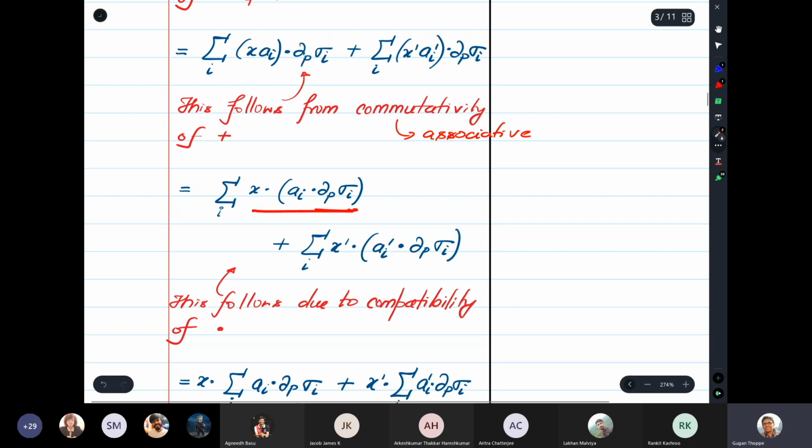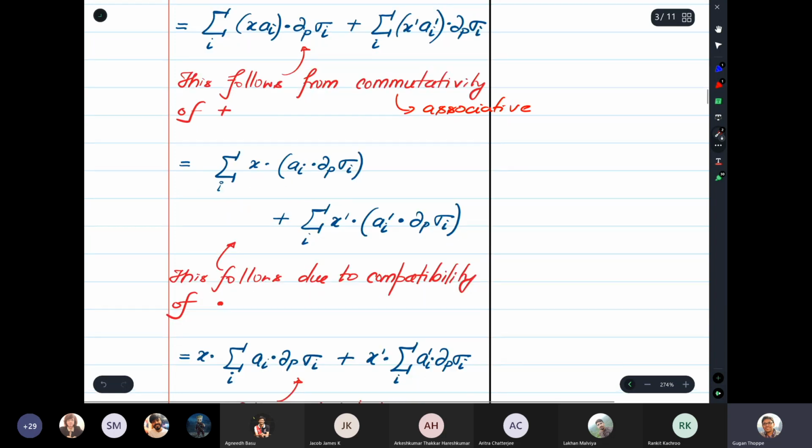Whereas on the other hand, over here you first take a_i, do the dot product with delta p of sigma i. This will be a p minus 1 chain. Whatever is the output, you take that and perform its dot product with x. Similarly over here. You can write this in this fashion because of a property called the compatibility property. You can verify this compatibility property and show that indeed this expression can be written in this fashion.